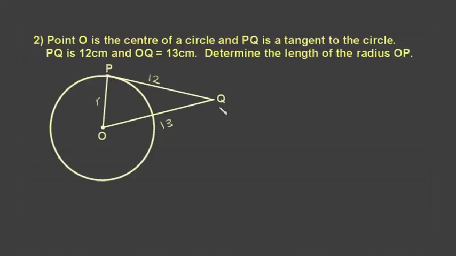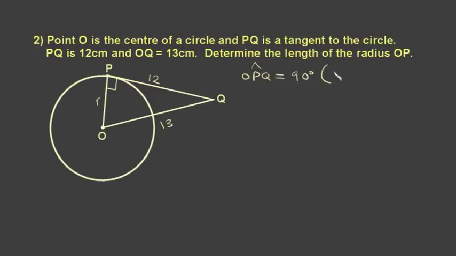Now again here we can see that a radius is drawn from the point of contact of a tangent line and a circle, which means the angle between a radius and a tangent is 90 degrees. So we have a right-angled triangle because the measure of angle OPQ is equal to 90 degrees.